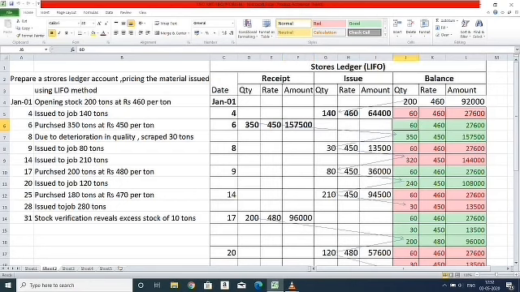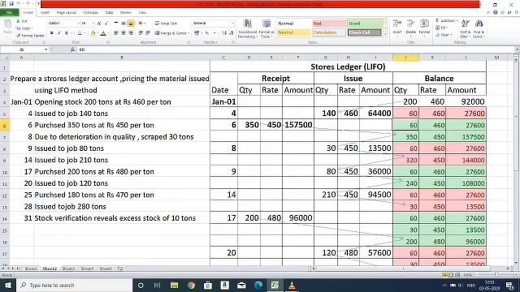We have already 60 tons here from our opening stock, and now we purchased the 350 tons. So our closing stock comprises of 60 tons at a rate of 460, 27,600, and then 350 into 450, 1,57,500.